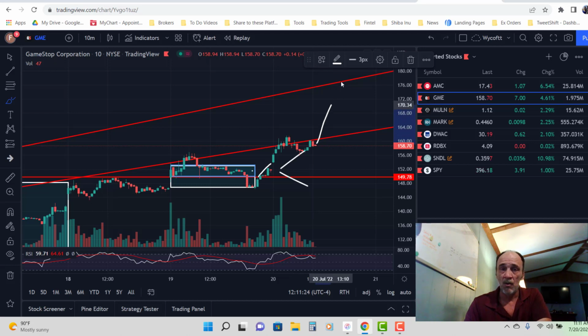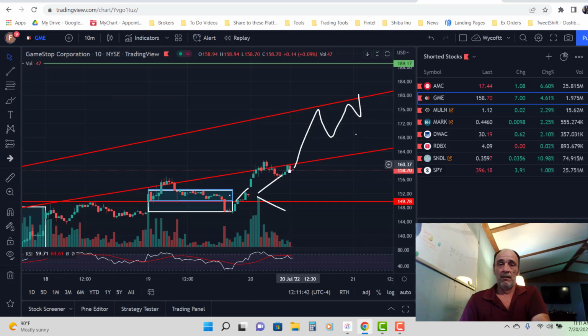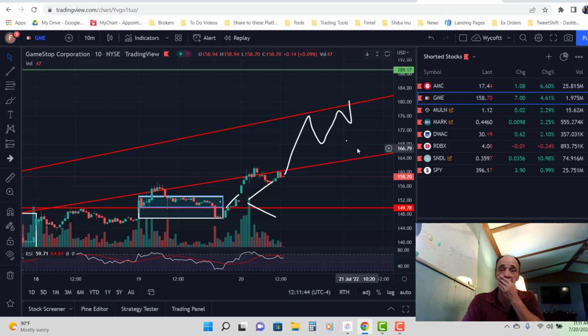Then 176, 177 is going to be the next resistance. Little pullbacks, of course, and then back up, and then eventually straight up. That's what I'm seeing for GME. And then it can get up to 189 is the next mark.